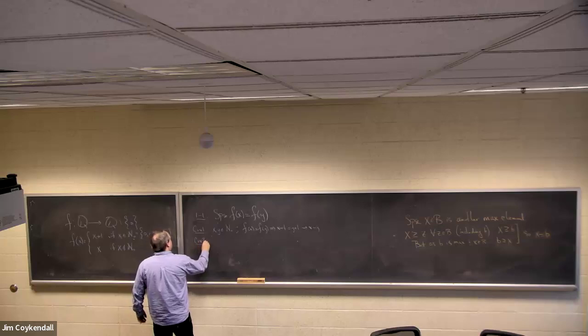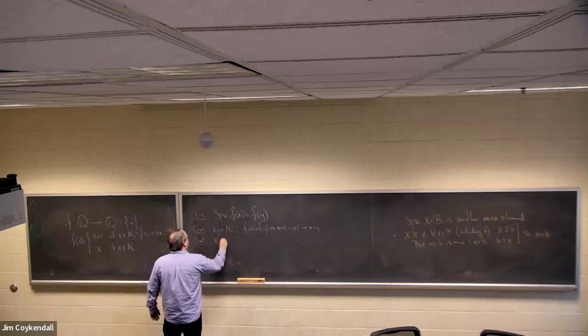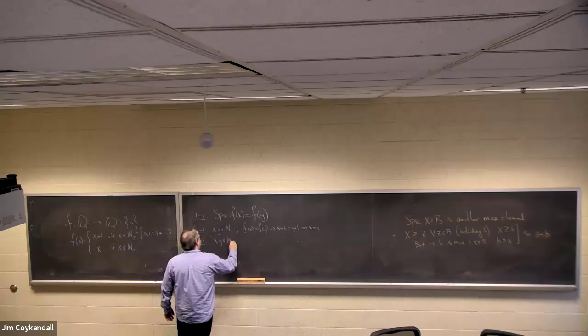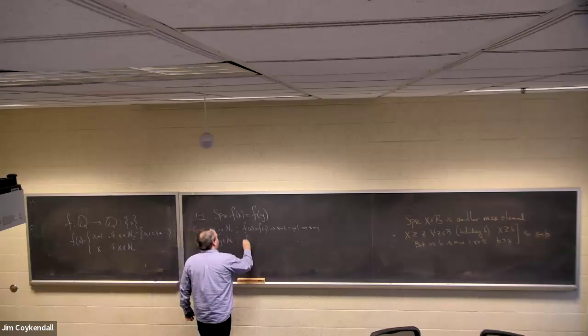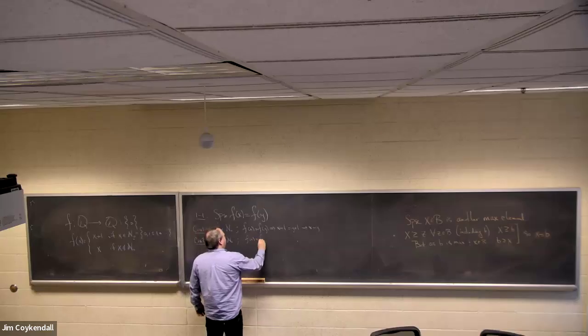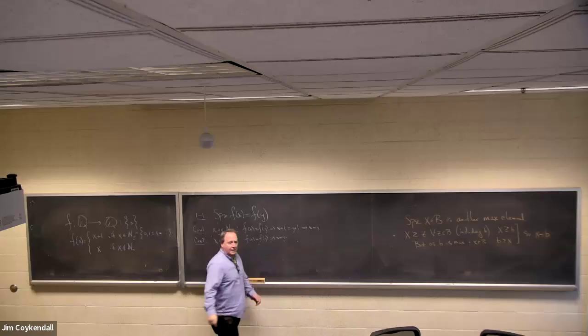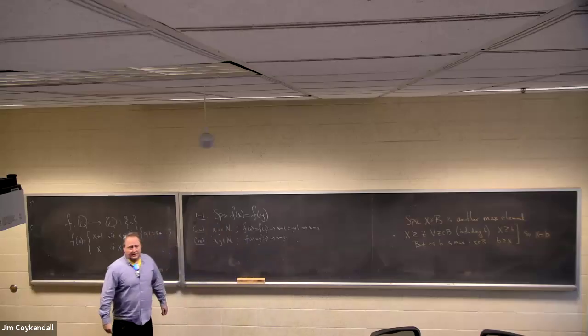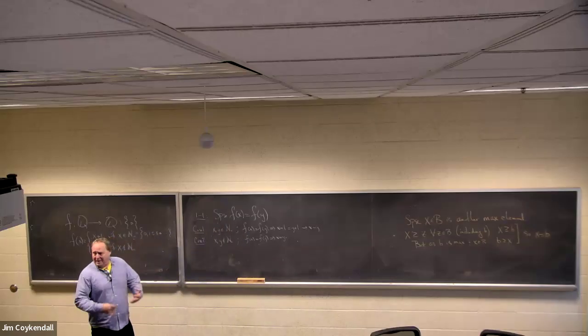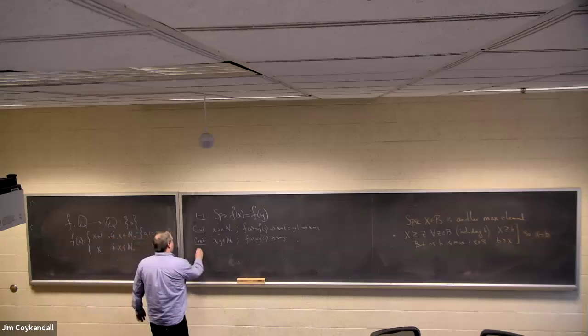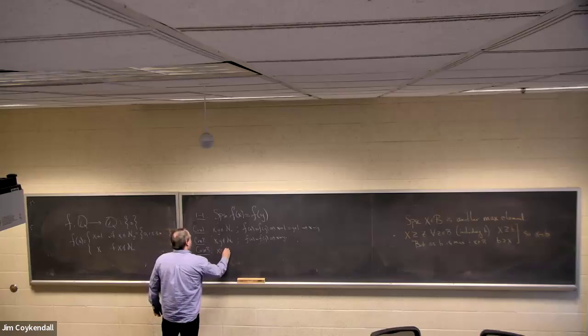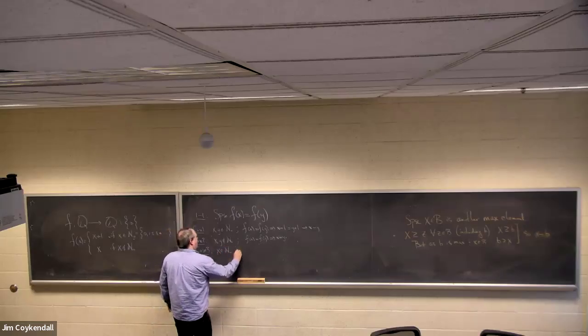Case 2: x, y not in the natural numbers, so f(x) equals f(y) gives x equals y. The only thing I have to worry about now is the next case. Case 3: x in the natural numbers, y not.